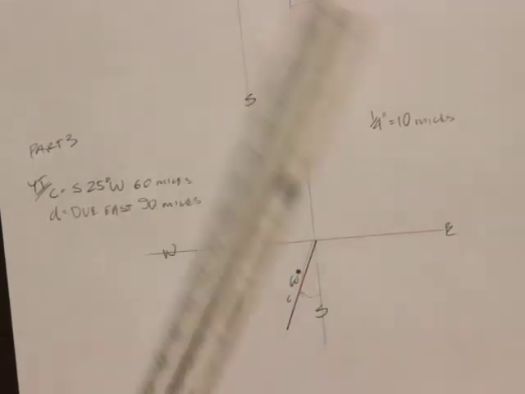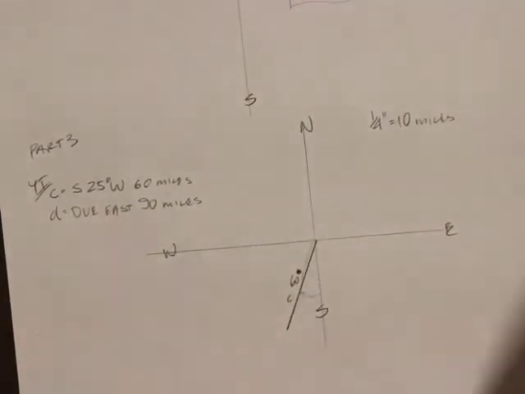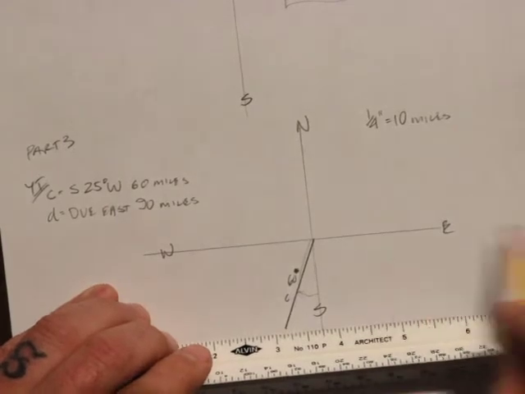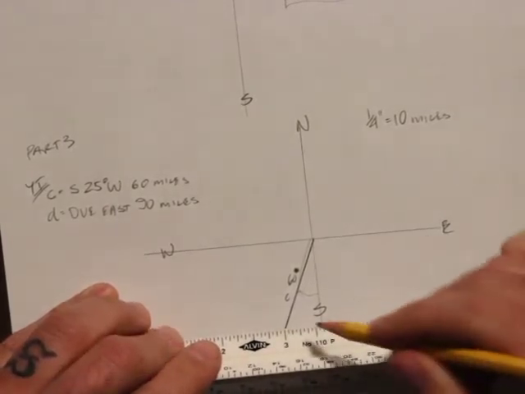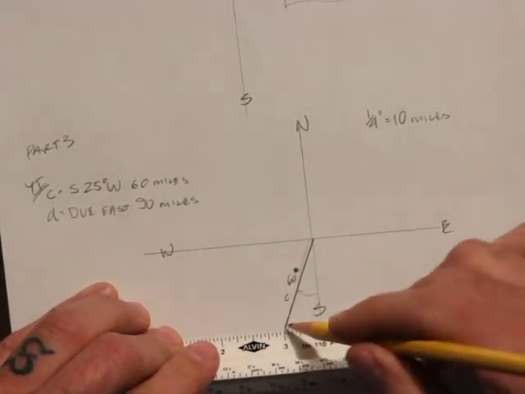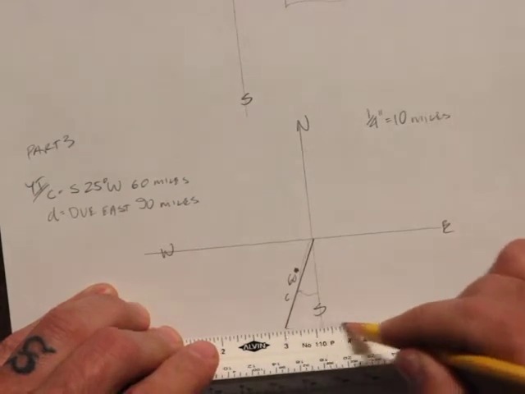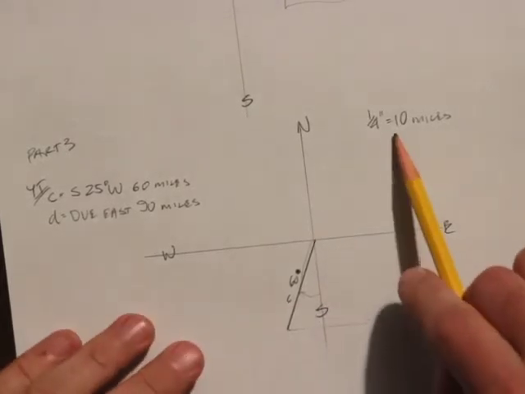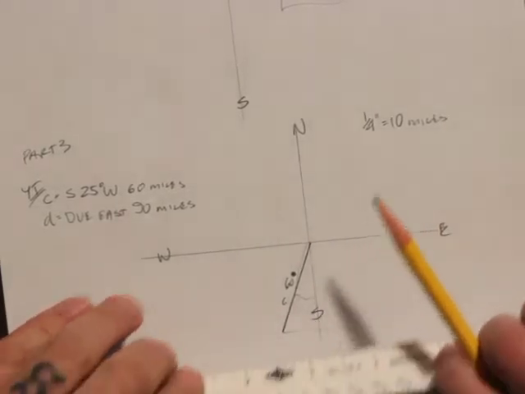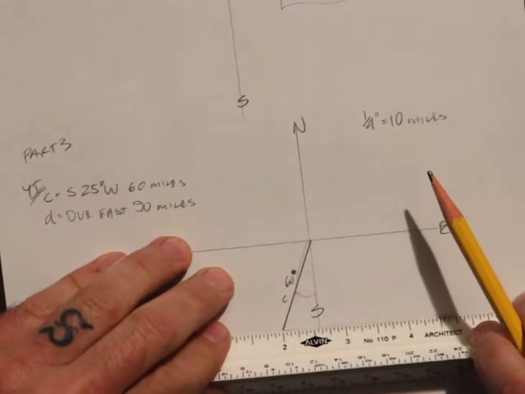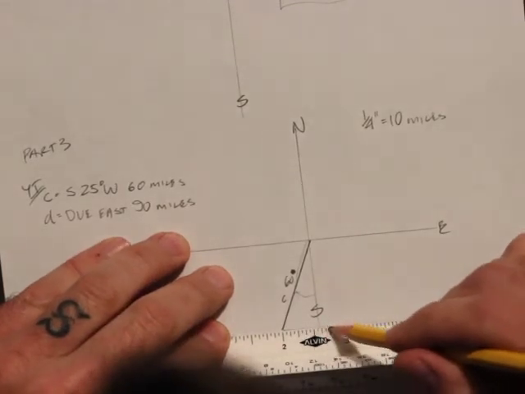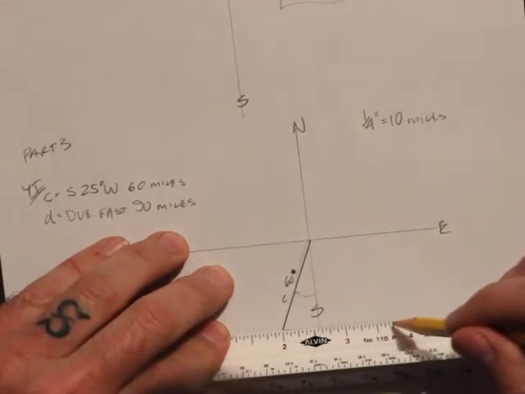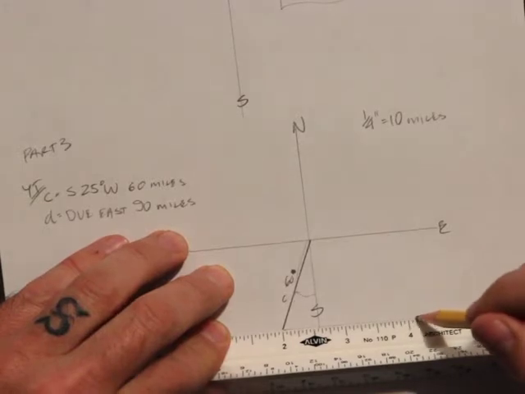And then we're going to go due east 90 miles. So due east, so that's this direction, parallel with the east-west axis. So we want to go 90 miles, so 9 quarter inches. 1, 2, 3, 4, 5, 6, 7, 8, 9, right there.